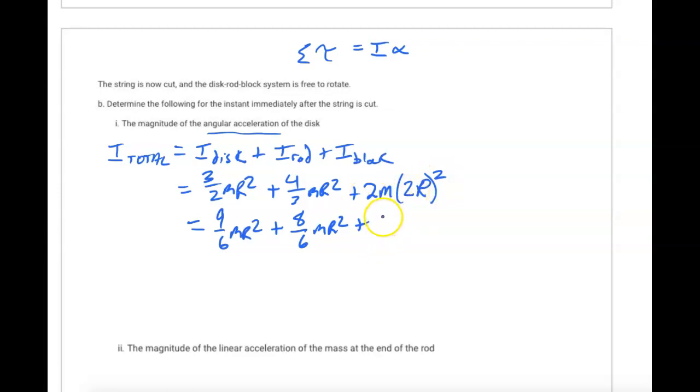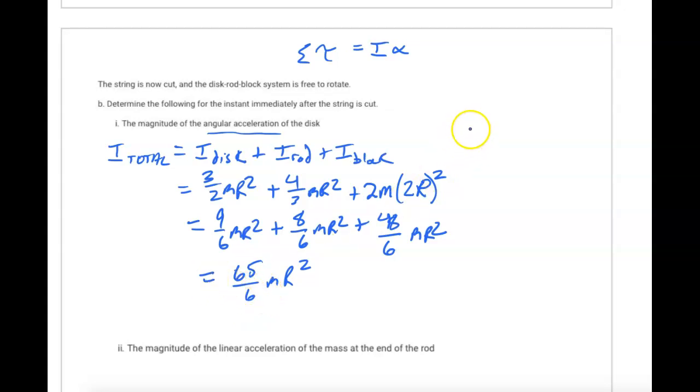So that'd be 8 times 6 is 48/6 mr squared. Now we can find the I value, and if you add everything up, that should be 65/6, and you can't reduce that anymore, mr squared. So now we've got that part.